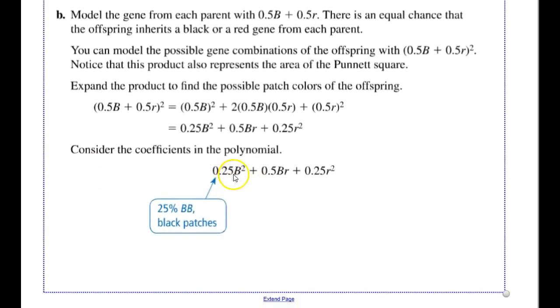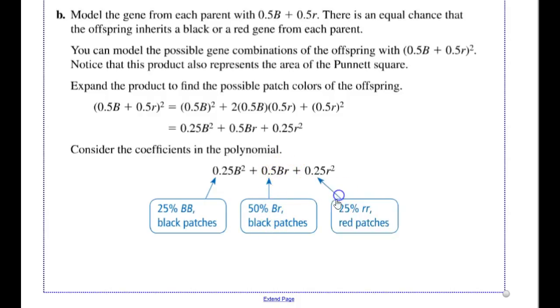So this tells me that 25%, right, that was 0.25. To turn it to percent, I move the decimal 2 places, but 25% of the children of these 2 dogs will have this genetic makeup, so capital B capital B, and will have black patches. 50% will have black patches but have a capital B and a little r, and then 25% will have both of the little r's, so they will have red patches.